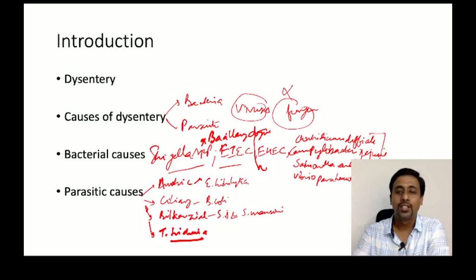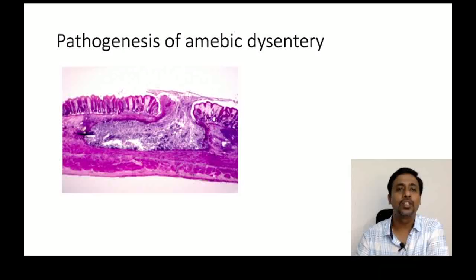To understand the difference, a quick recap of the pathogenesis of amoebic dysentery and bacillary dysentery. The infective form of amoebic dysentery is the mature quadrinucleate cyst.